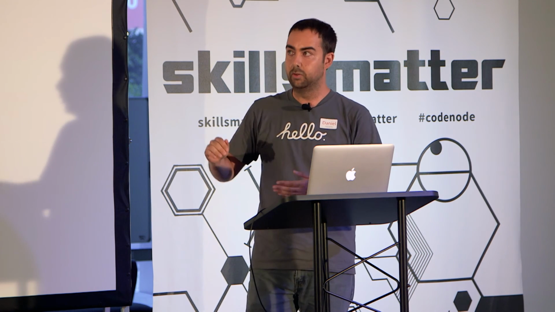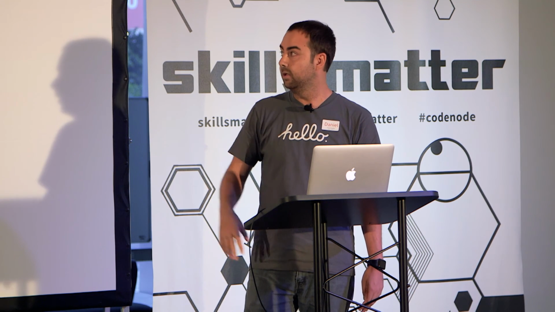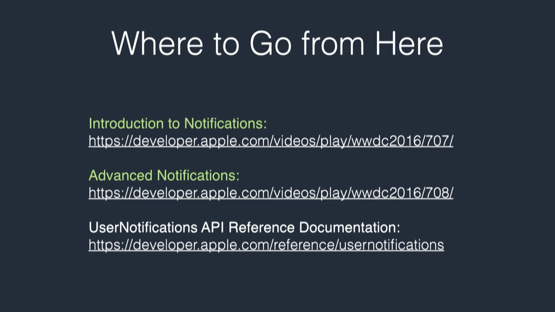And this is probably the most important one, UI notification extensions. When you expand the notification, instead of the photo, you can have a custom user interface that you can even change if the user interacts with the actions.